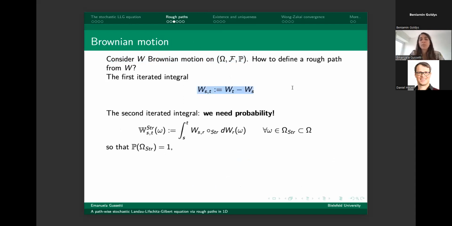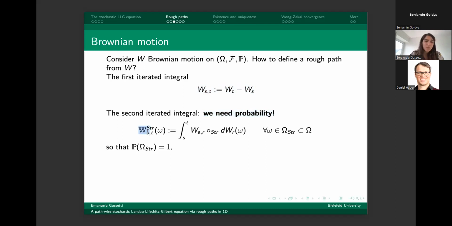The increment for Brownian motion is well defined, and we can just define it like this. For the second iterated integral, here we need probability. We really need probability, because it's not possible to define the rough integral pathwise. We can define it only through probabilistic constructions.